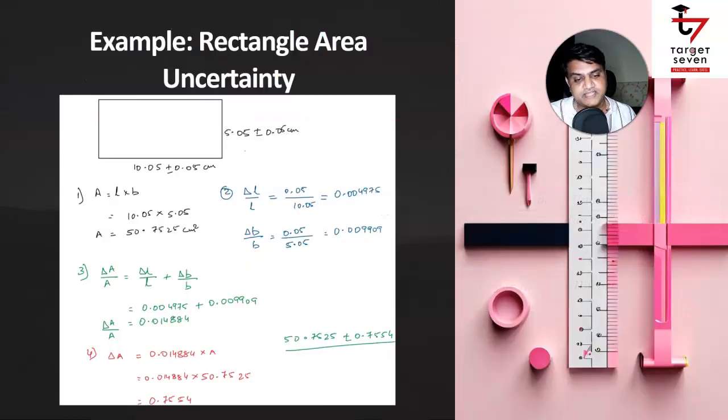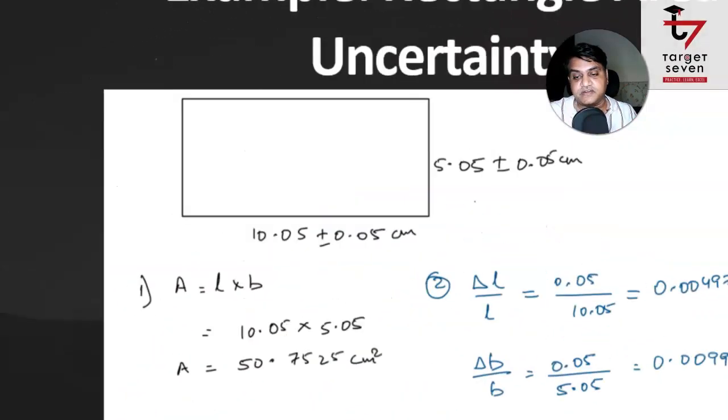Just to cross check, let's go back to the previous example wherein we determined the fractional uncertainty of the given rectangle of specific dimensions. So the dimensions, as you can notice here, are 10.05 plus or minus 0.05 centimeters and 5.05 plus or minus 0.05 centimeters.